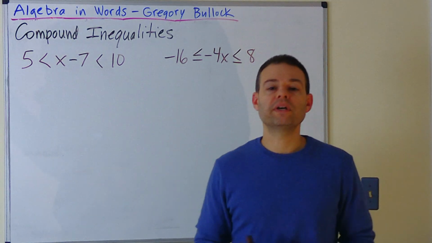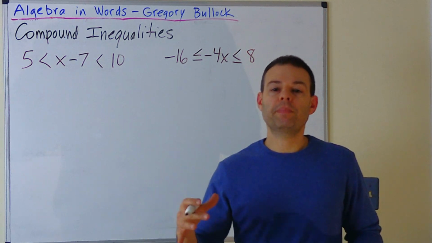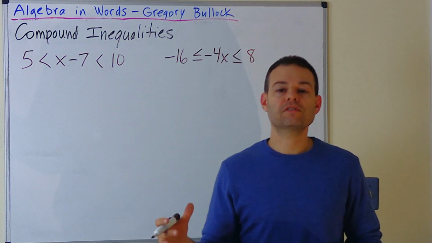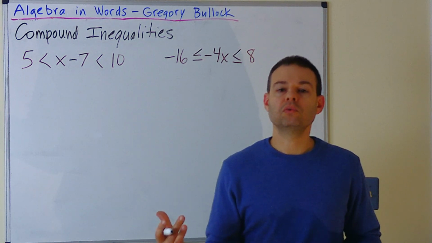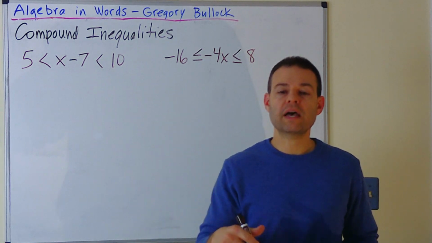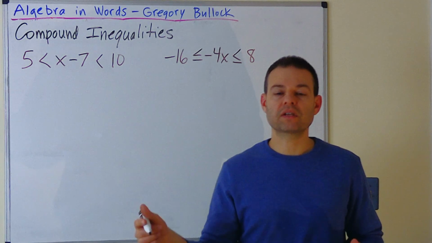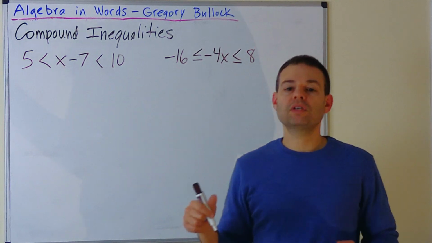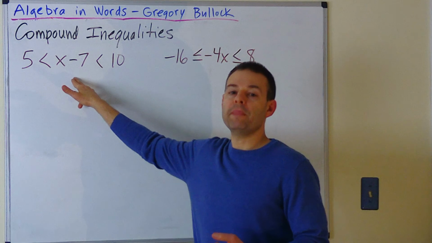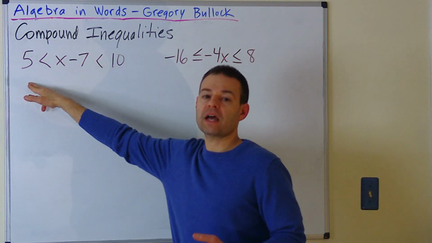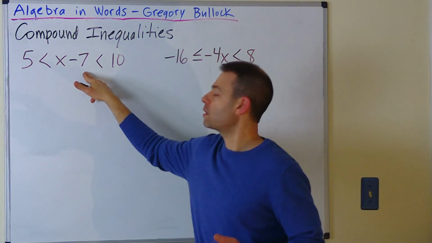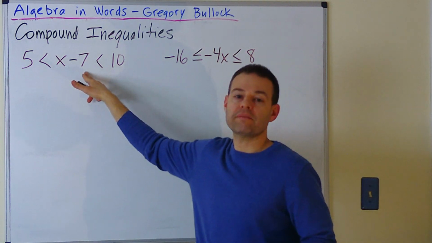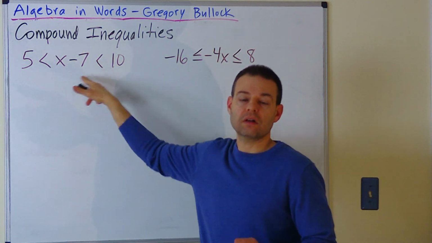I want to compare this to solving a simple inequality or even an equation. If you remember, the rule is what you do to the left side, you have to do the same thing to the right side. The same follows here, except what you do to the middle, you do to the left side and to the right side. So let's look at this and think, how do we get x minus 7 into being just x alone?